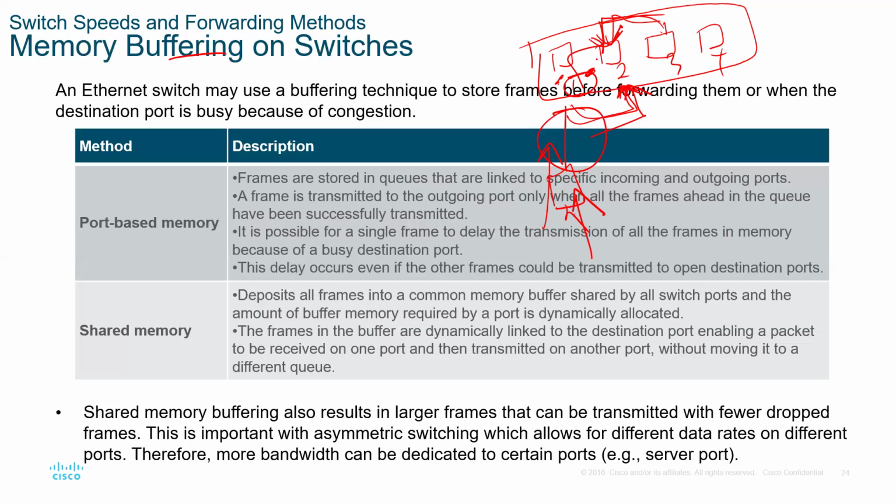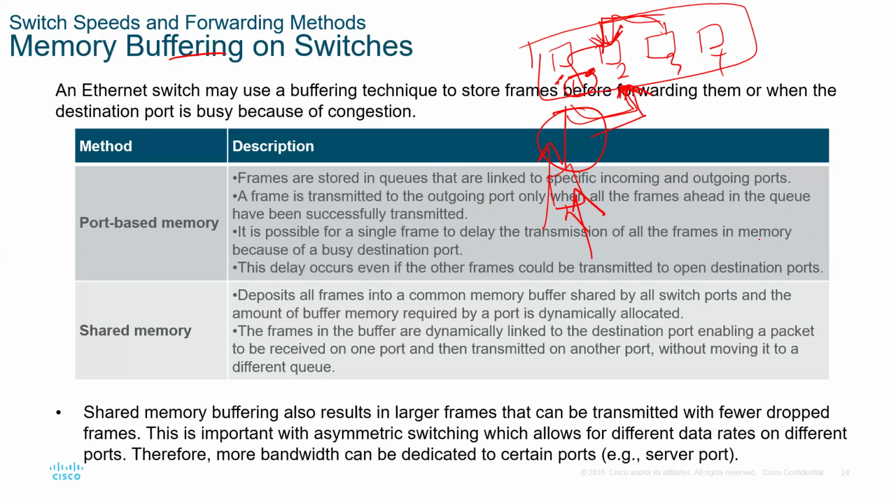It's storing in those memory buffers. We have two types of mechanisms that we have, the port-based memory and the shared memory. I'm not going to go through this. It's a lot. The port-based memory, basically what it does, each port on the switch has its own dedicated memory.